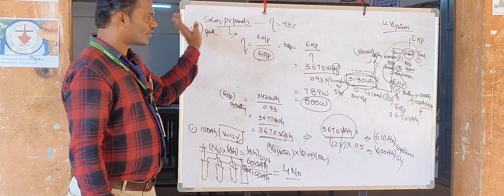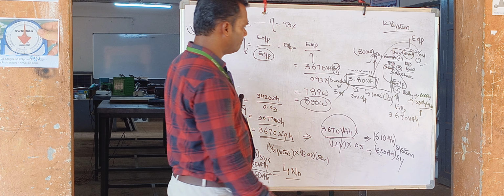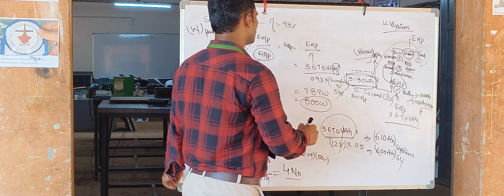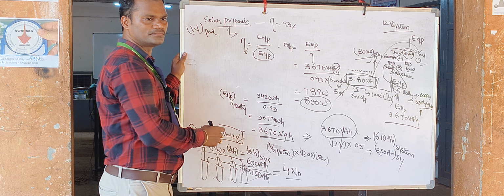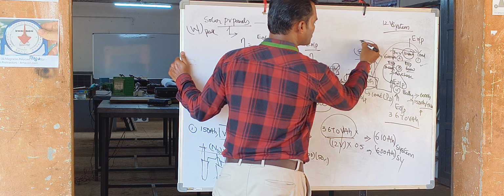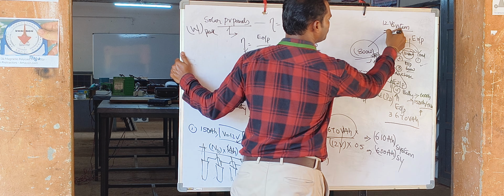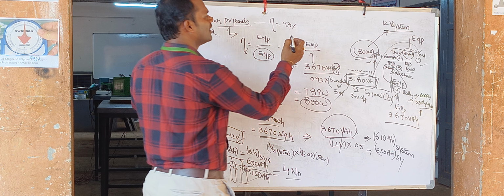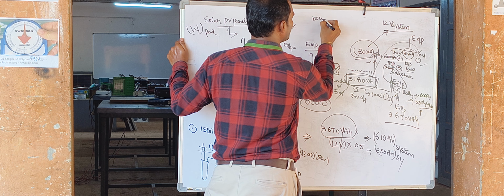So now we'll try to draw the overall diagram. Here, how many solar panels do you require? I have to generate 800 watts. What is the system voltage? 12 volt system. Now how to connect the solar panels? Let us assume I bought a 100 watt solar panel.